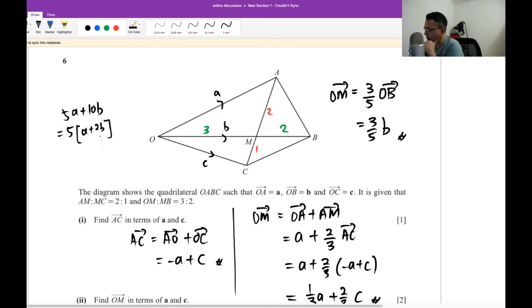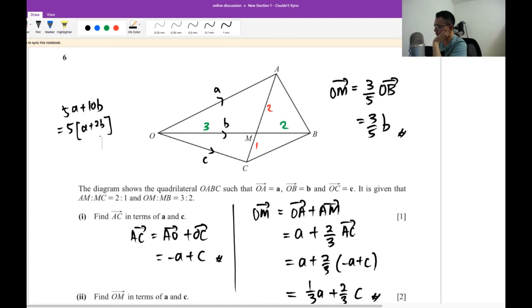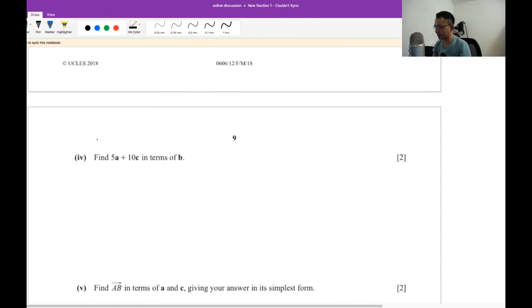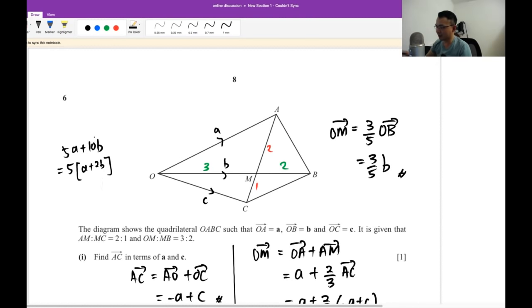I am not sure what this question wants. 3/5B. 5A plus what? 10C, not 10B. So it becomes A plus 2C.